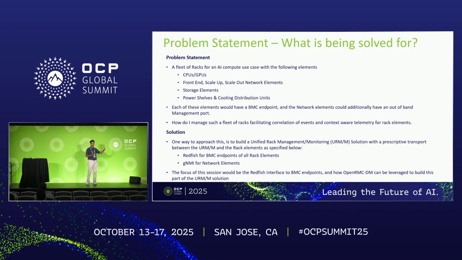If I'm writing a management application, I should be able to talk to multiple vendors using the same language. In that context, we are deriving from what OCP prescribes, which is Redfish as a standard transport for BMC endpoints for all rack elements, and gNMI as a standard transport for management of network elements.